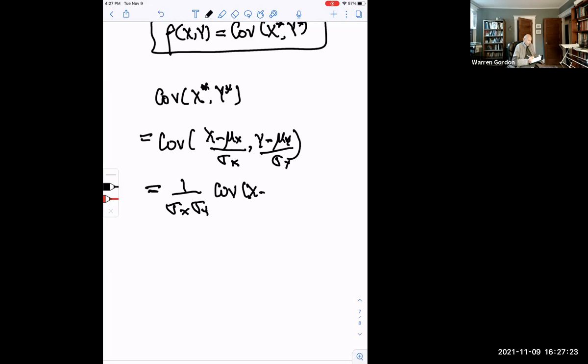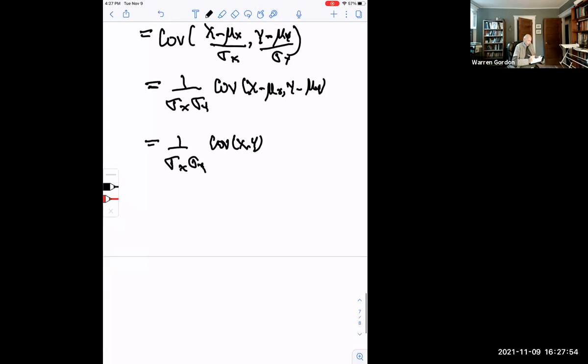And then the translation properties come into play. So this becomes 1 over sigma sub x, sigma sub y, times the covariance of x comma y.